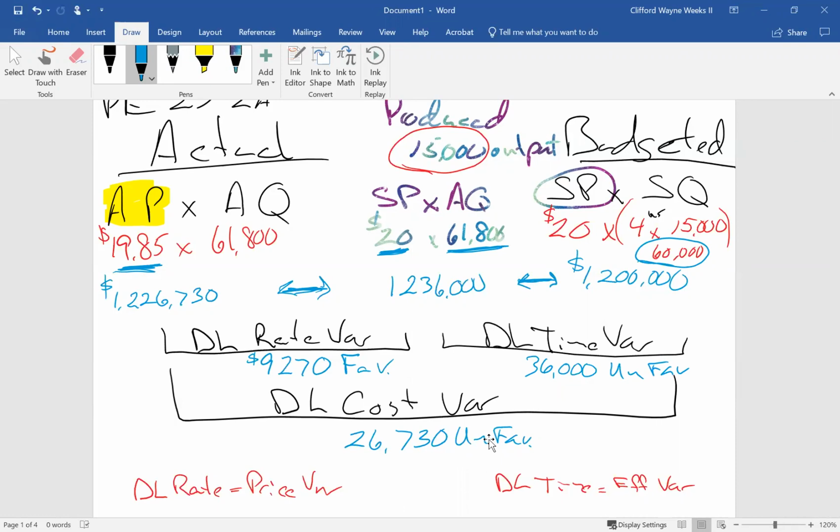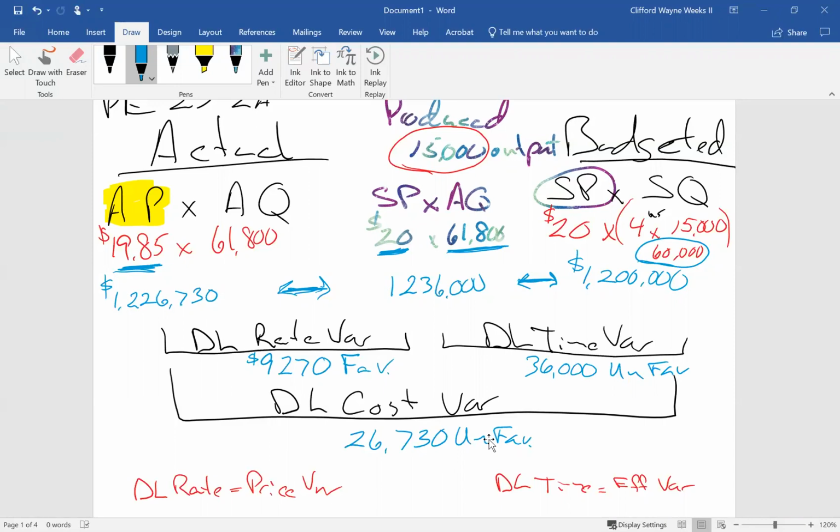The first assumption I will make is that instead of hiring the skilled laborers, that was going to cost us $20 per hour, we actually hired the unskilled laborer, and we only paid them $19.85. However, that really didn't pay off. I mean, 15 cents difference, which is not really extreme. The unskilled laborers didn't know how to do the work. That's why it took them an additional 1,800 hours to do 15,000 tables.